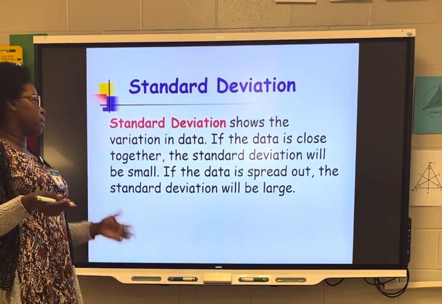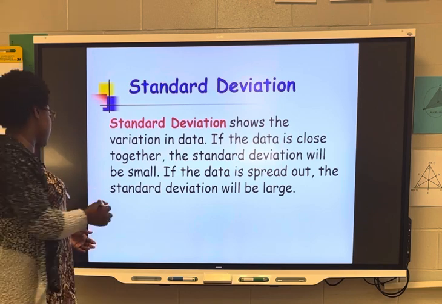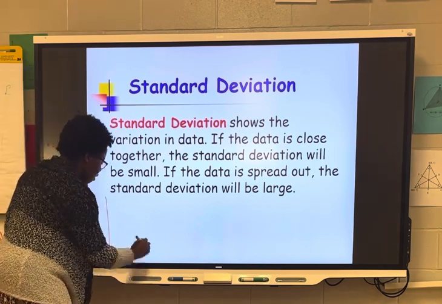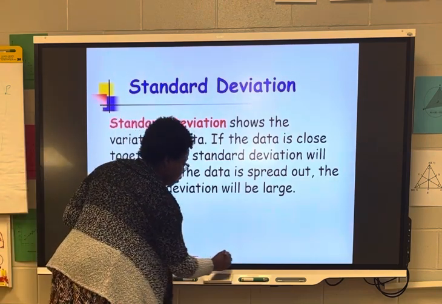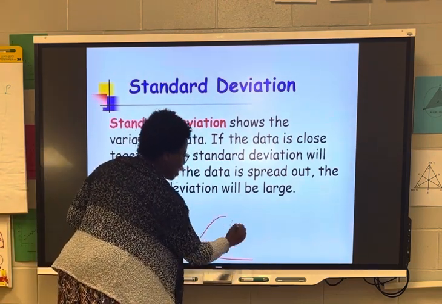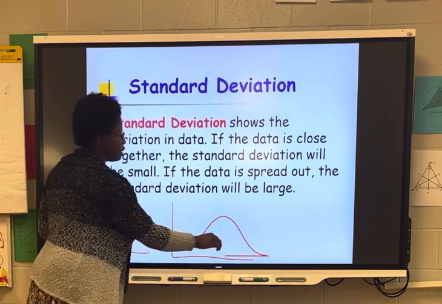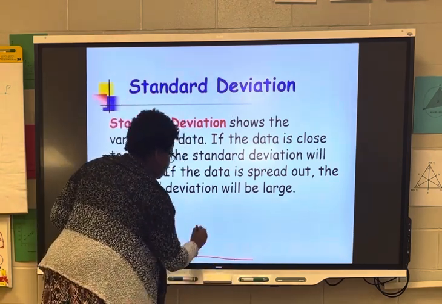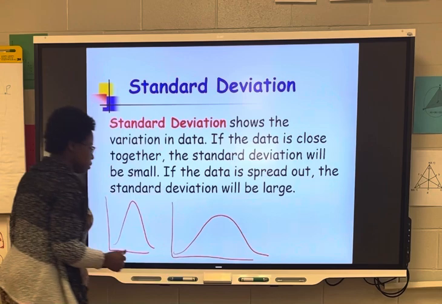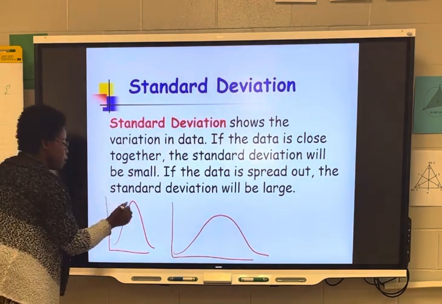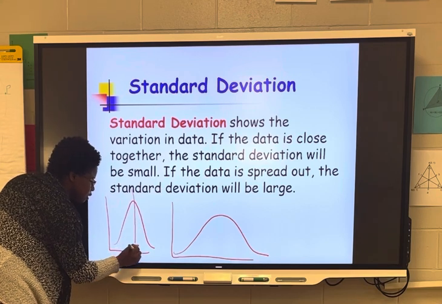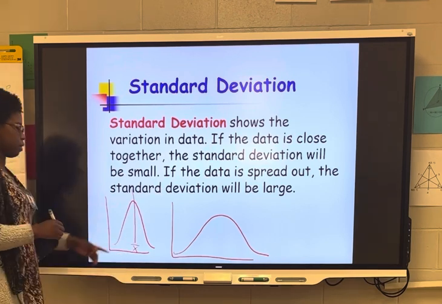One thing I always tell my students to look for is the shape of the distribution, because the shape can tell you how spread out or how wide you expect your standard deviation to be. Let's show an example. For this graph here, the center, which is the mean, would be somewhere right here.